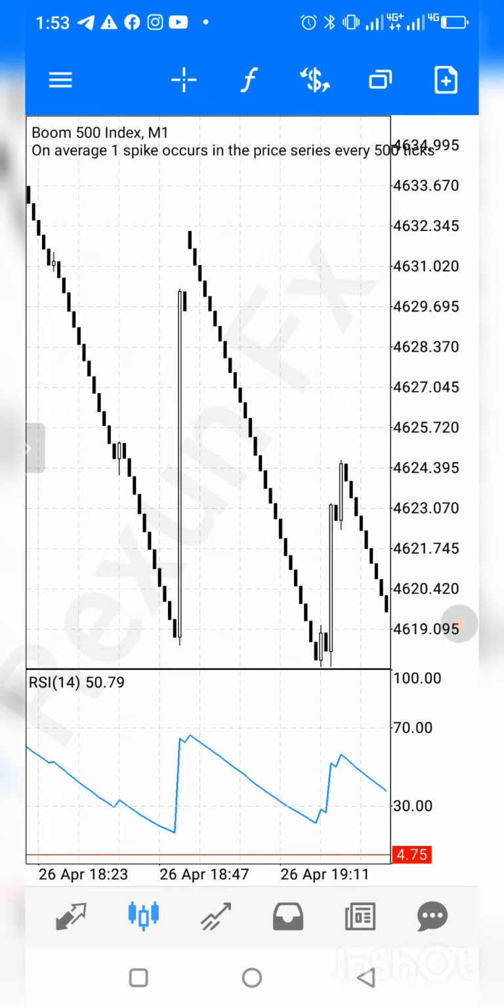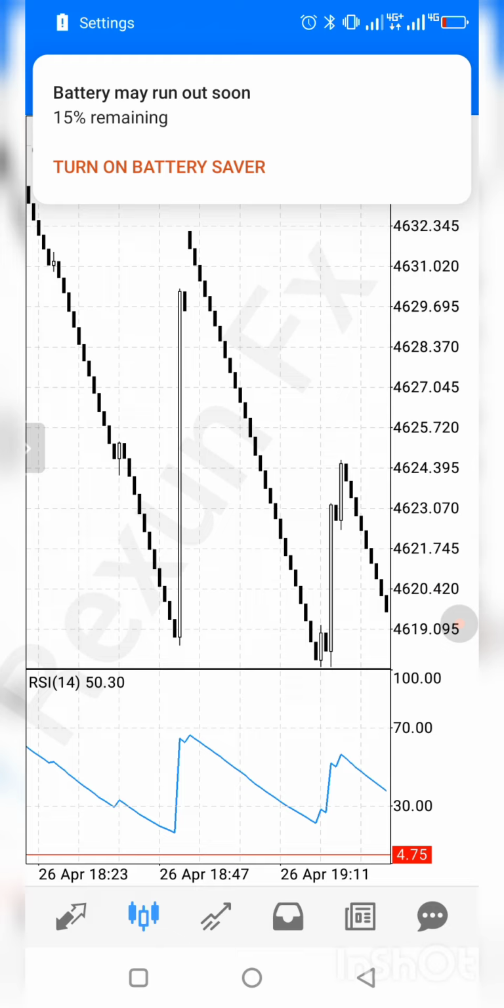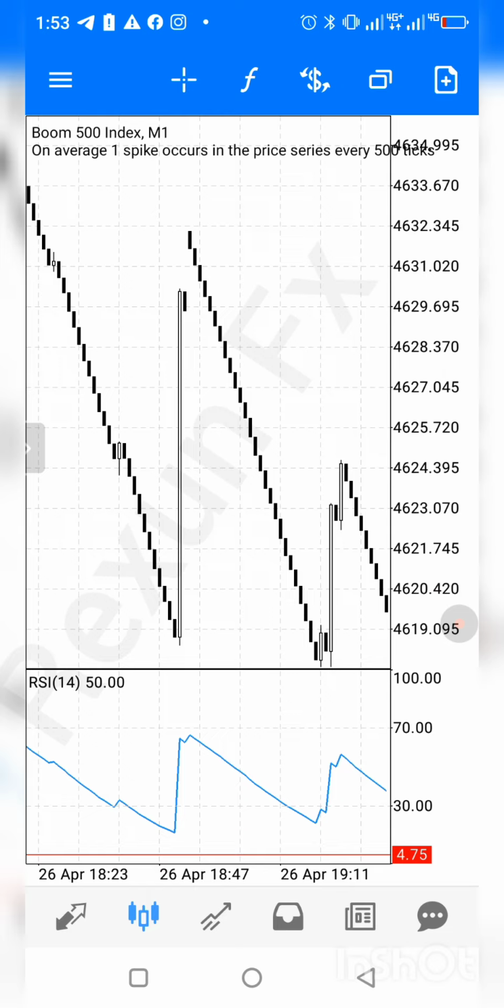Remember, all these trades that we are taking are usually on a 1 minute time frame, and they are short spikes, right? The spikes are not all that long. And also remember that for boom we are only buying, and for crash we are only selling, which means that we are taking advantage of only the spikes. But there's a particular strategy that I use that takes advantage of both the spikes and the spread.